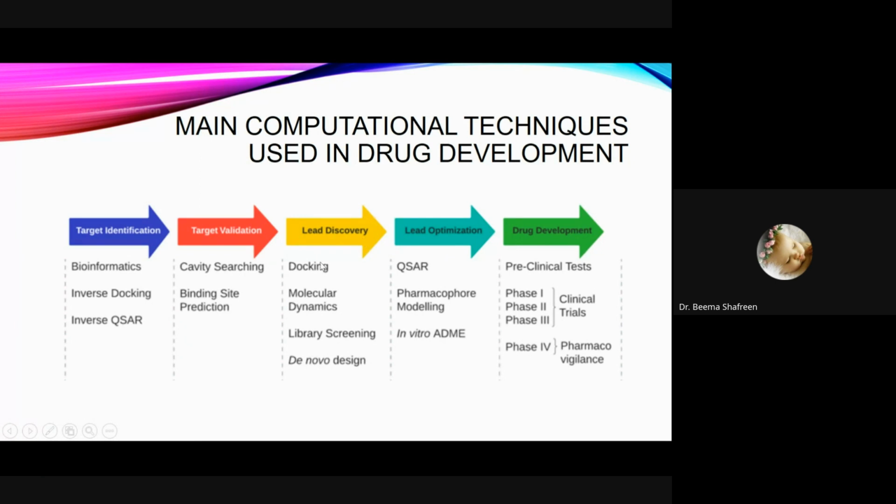Lead discovery includes docking, molecular dynamics simulation, library screening, and de novo design. In lead optimization, you have QSAR, pharmacophore modeling, and in vitro ADME. And in drug development, you have preclinical tests, then phase 1, phase 2, phase 3. These three are clinical trials, and phase 4 will be your pharmacovigilance.